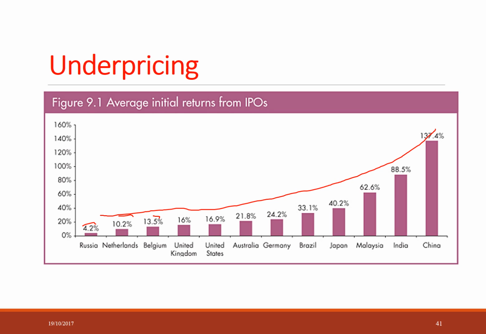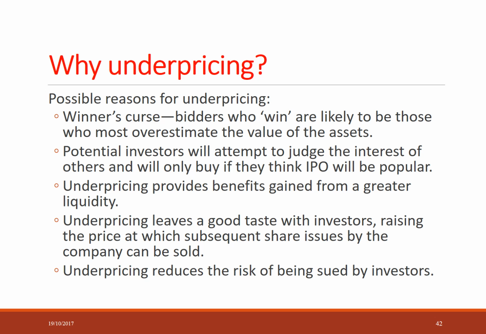Accordingly, in China, in India, and Malaysia, the underpricing amount is quite large. So why is that the case? For underpricing, because we're dealing with firms with no historical information to correctly price the firm, there is a degree of uncertainty for investors in the IPO market, normally institutional investors.